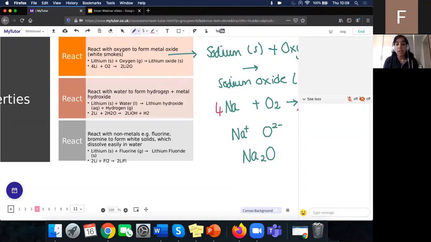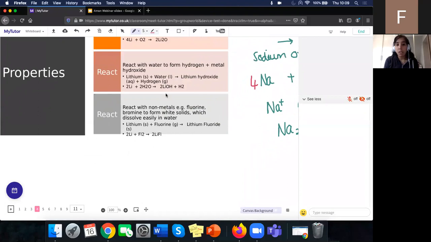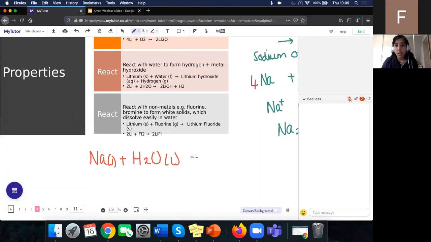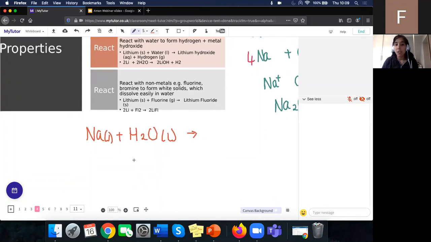Okay, so lithium plus water goes to lithium hydroxide and hydrogen. So if we did the same with sodium, so sodium plus water, we know sodium is a solid, we know water is a liquid, goes to sodium hydroxide. Again, to work out the formula for that, we need to know the ions.